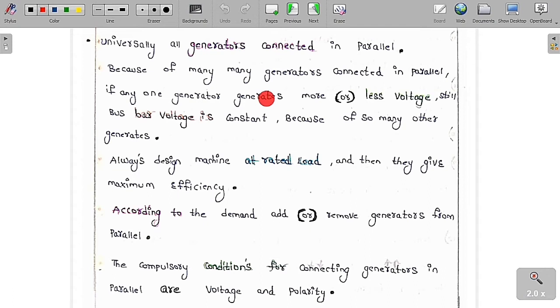So we can say that universally all generators are connected in parallel.